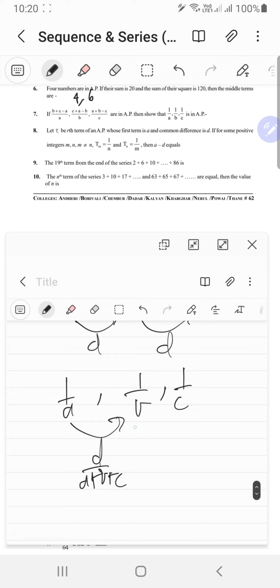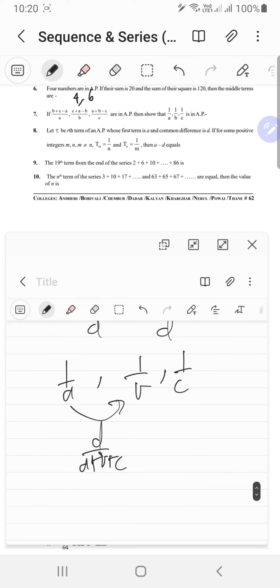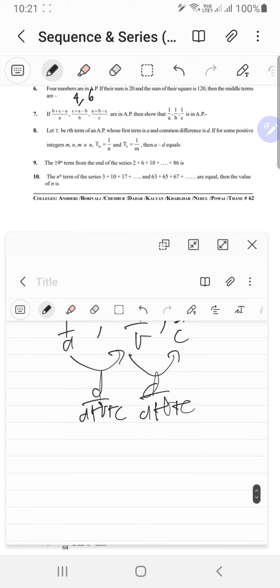Yeah, of course. You can write a plus b plus c times that equal to d, and then divide this equation by a plus b plus c, and you will get this. And similarly, this is d upon a plus b plus c, and that means these are also in AP. So yeah, we did this.